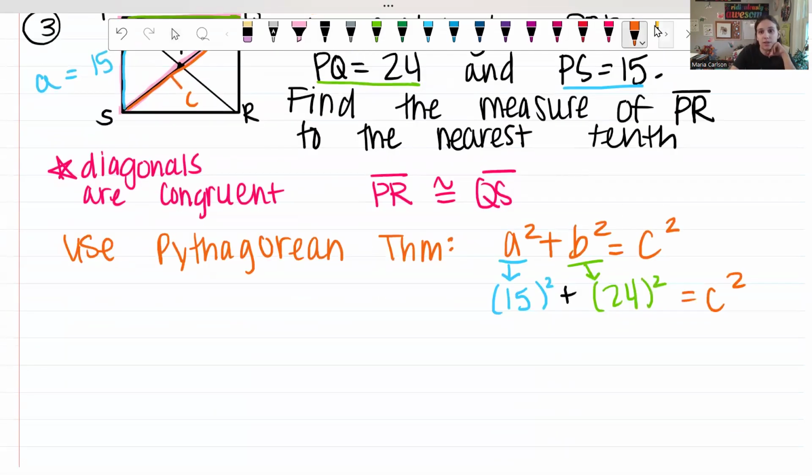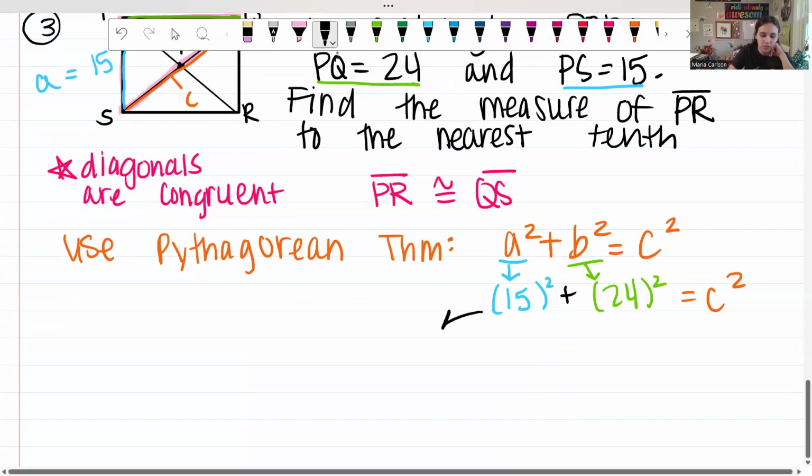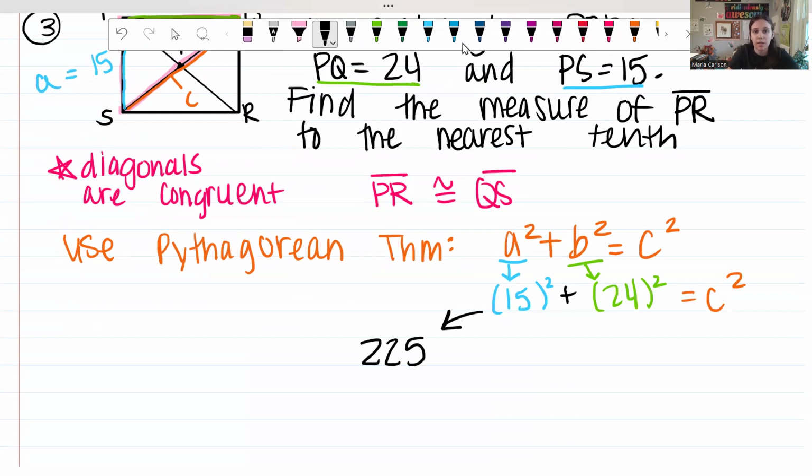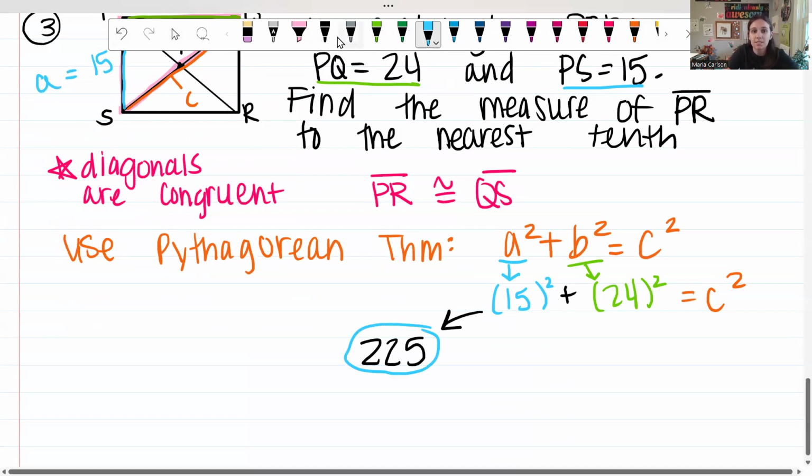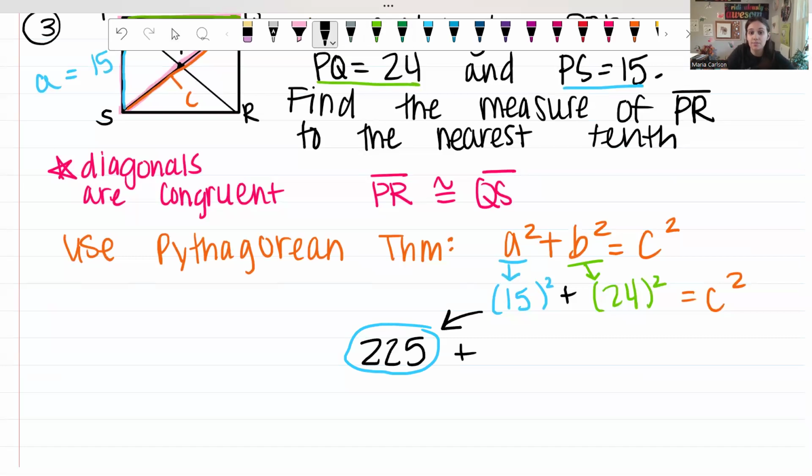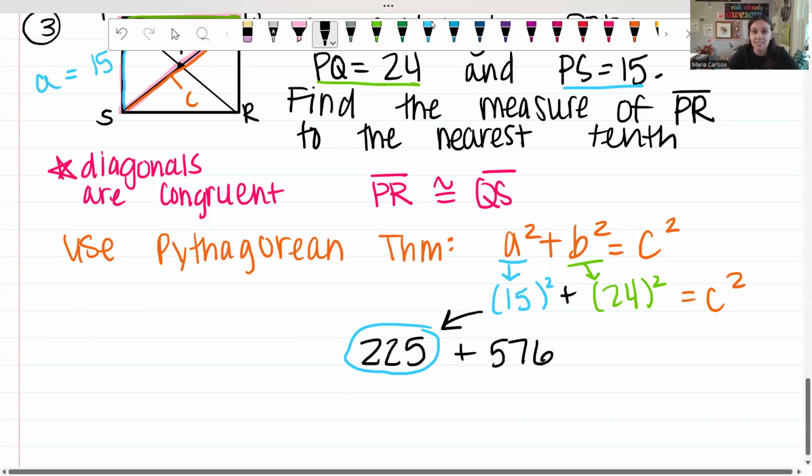So let's simplify this a little bit more. 15 squared is 15 times 15, and that is 225. And 24 squared, that's 24 times 24, which is 576.